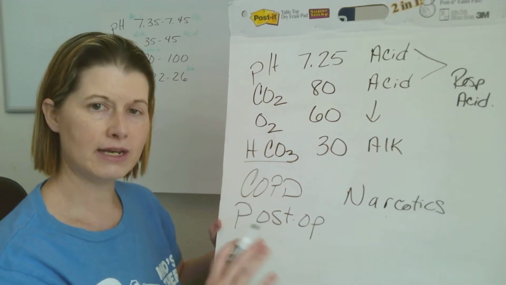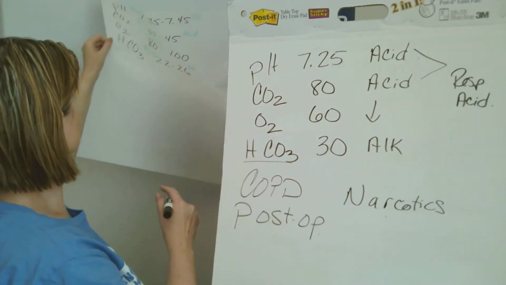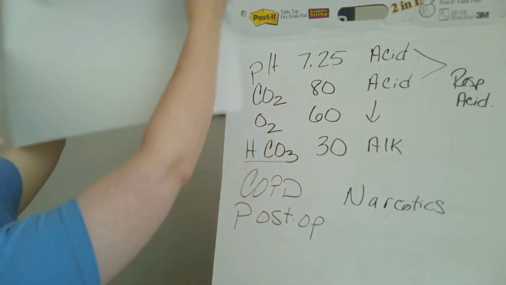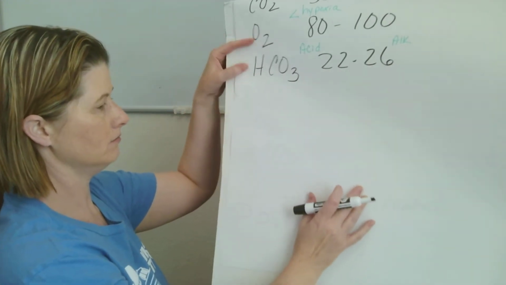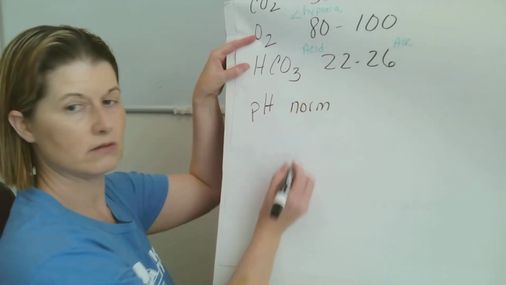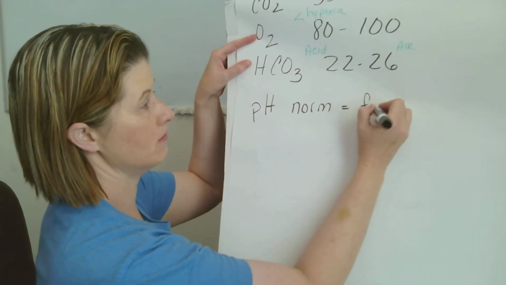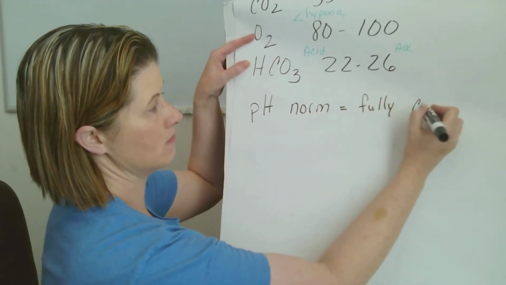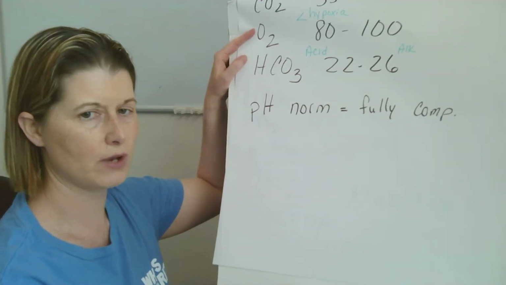So the bottom line is, if your pH is normal, I'm going to write this down here. If your pH is normal, you are fully compensated, period. Or wholly compensated, however you want to put it, okay?